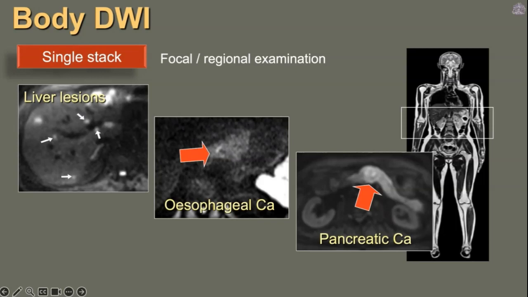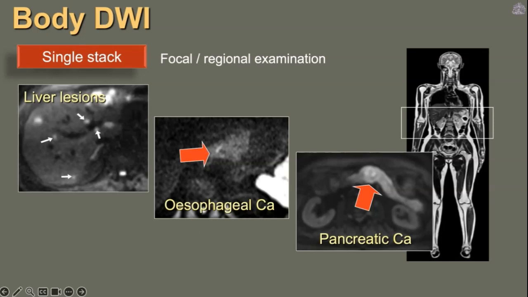Here we see an area of thickening in the lower esophagus, and here we can see a pancreatic cancer being depicted. So cellular disease on diffusion weighted imaging will appear bright relative to the background tissue that becomes dark. So you have this natural contrast between areas that are abnormally cellular and the background that is often less cellular.